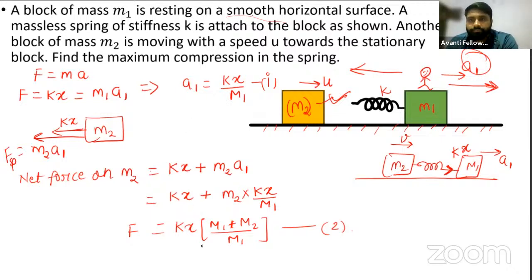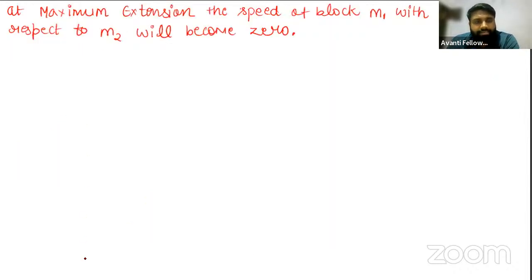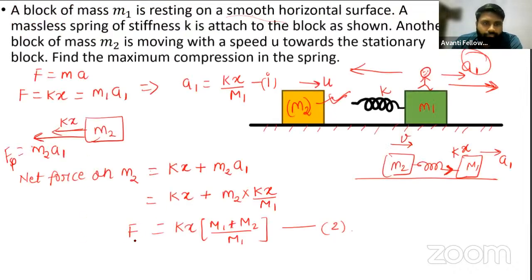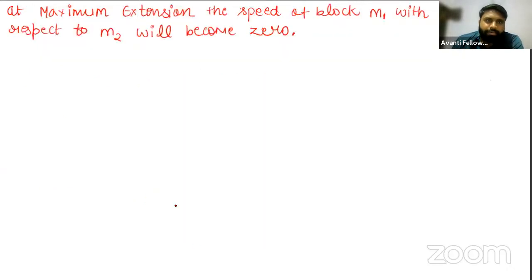Sorry for the disturbance. So what we have discussed is that we have calculated the net force F acting on this block M2. And now we have a concept that for maximum extension, the speed of the block M1 with respect to M2 will become 0.